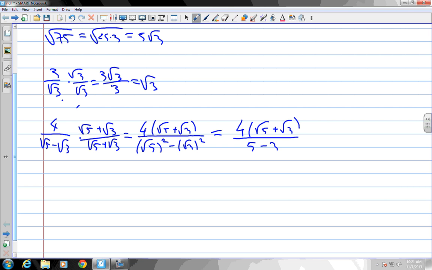You'll end up with 5 plus 3 is 8 minus 2 square roots of 15 in the denominator. If you multiply by the same thing, it'll get messy. But if you do the conjugate, it always cancels the square root.